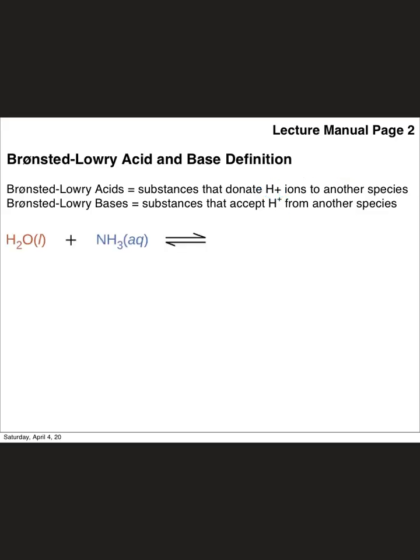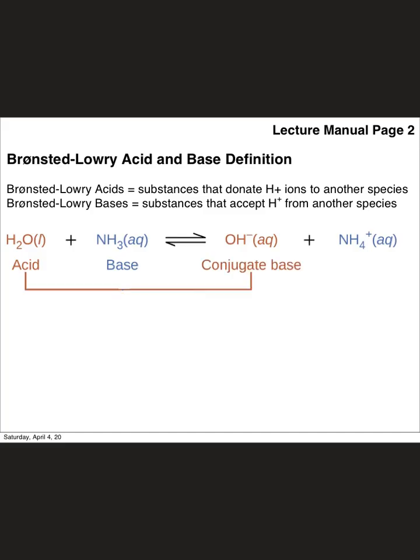Now let's take a look at an example between water and ammonia molecule. When water and ammonia react, it gives off hydroxide ion and ammonium ion. In this example, you can see that water behaves as an acid because it's losing one proton, and ammonia behaves as a base because it's gaining a proton to become an ammonium ion.